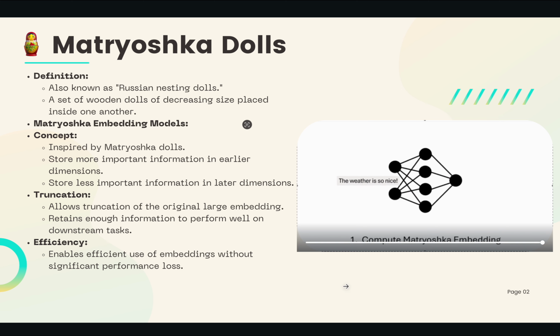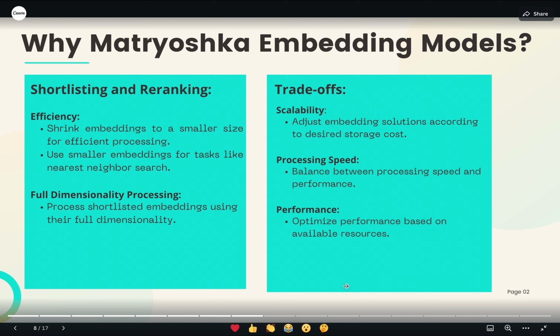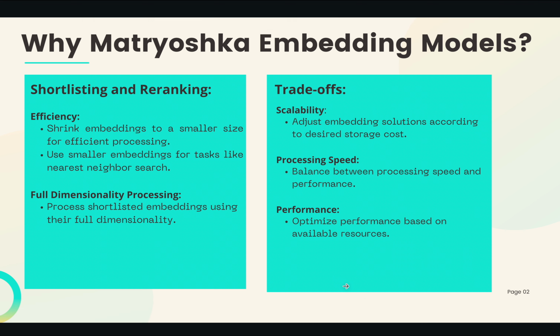So this is the idea of Matryoshka dolls, and it is important in what we call shortlisting and re-ranking. We shrink the embeddings to a smaller size to do efficient processing. As we know, if we have one fixed increased dimension, for retrieval we need more time to retrieve.